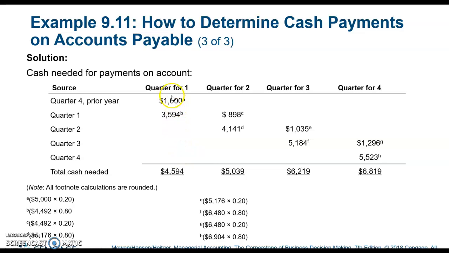Then we add up our totals, and so for quarter one, we would have $4,594 of cash that we need to pay for these purchases of raw materials. For quarter two, I would need $5,039 to pay for purchases of raw materials, etc.